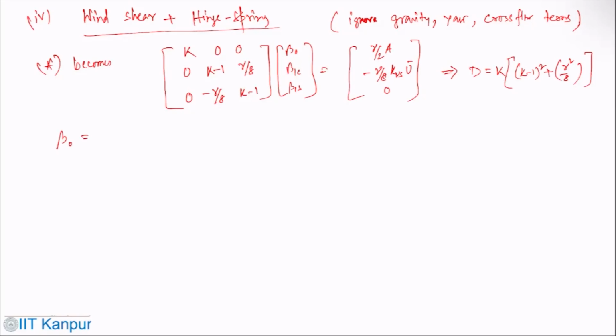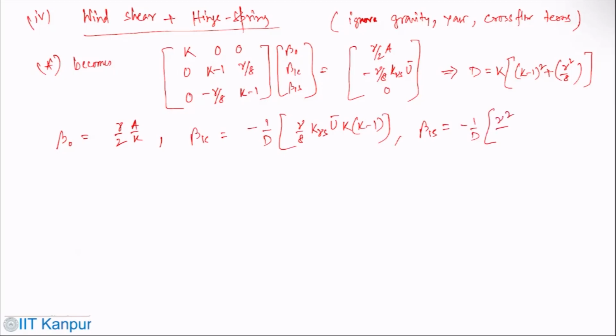So beta naught would be gamma by 2 A by K, beta 1C is minus 1 by D, gamma by 8 K mu S, K into K minus 1, and beta 1S is minus 1 by D, gamma square by 8 K mu S over K.